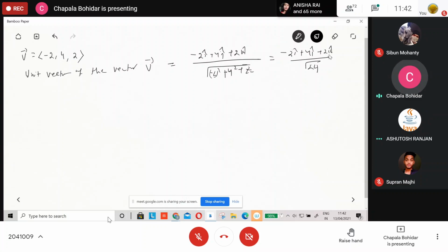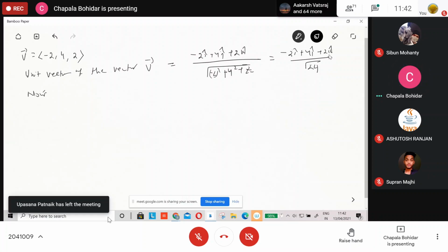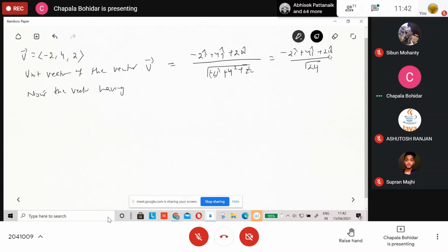So now the vector having length 6 is equal to 6 into this vector, minus 2i plus 4j plus 2k, multiplied with the unit vector.